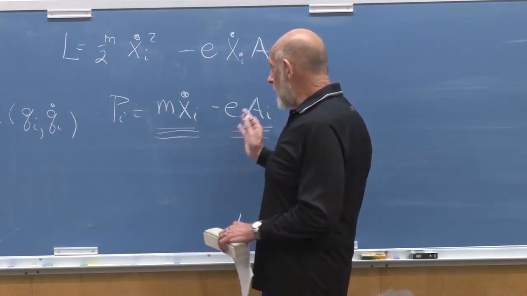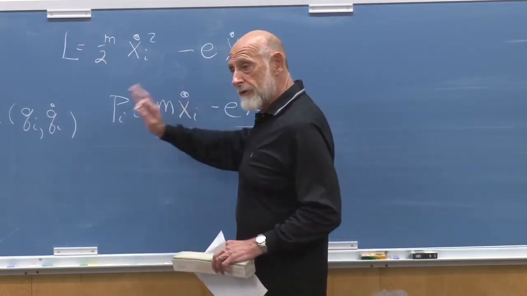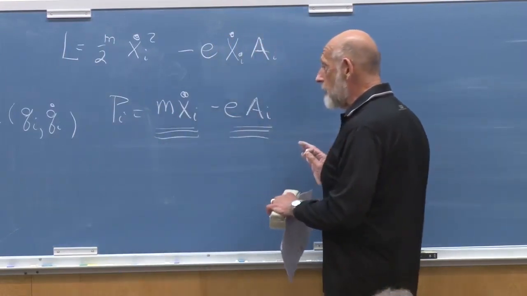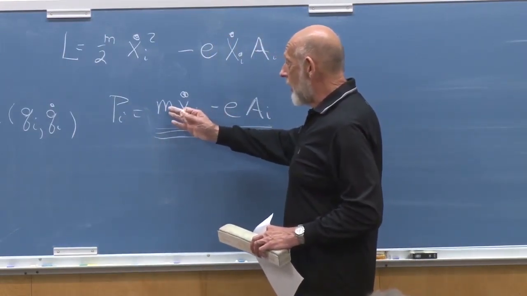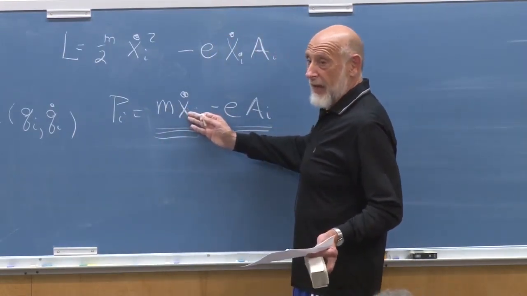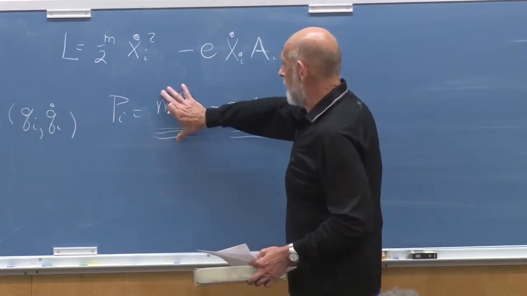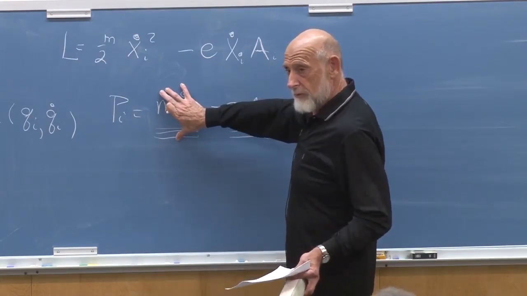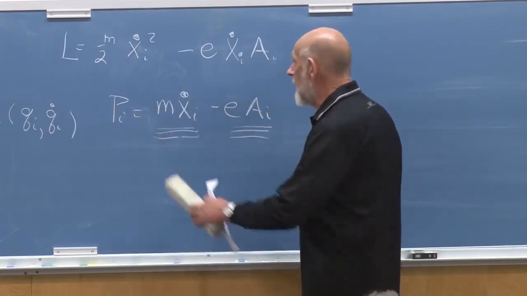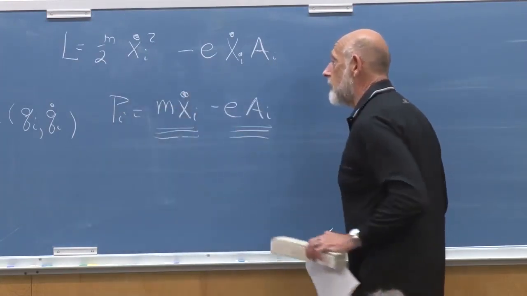That doesn't mean we don't sometimes want to shift everything into an equation so that on the left-hand side you have m times x double dot, acceleration. You might want to write equations so that this thing appears on the left-hand side, but still, the canonical momentum is this object over here.